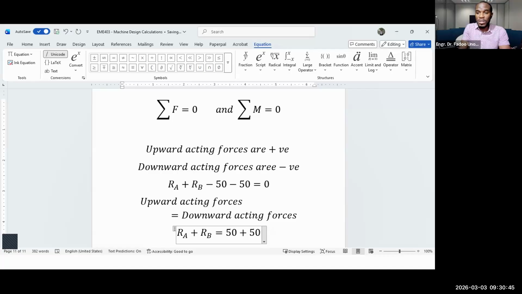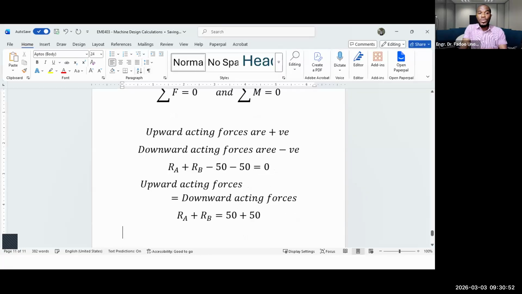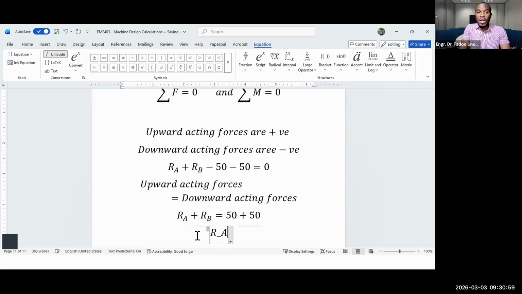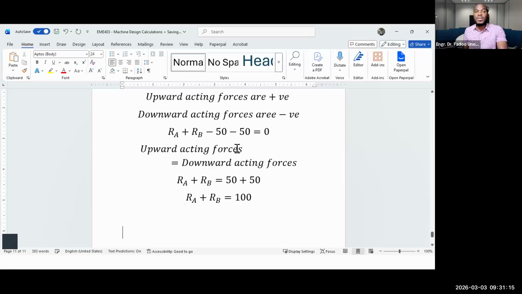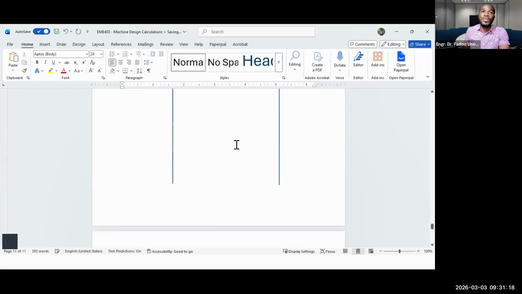This is simply a step ahead of where we were before. So that is now going to give us RA plus RB equals 100. Now, then we take moments. We take moments about any of these points.